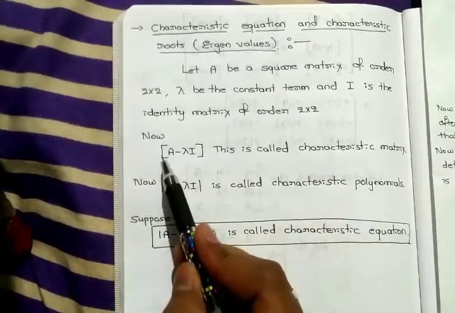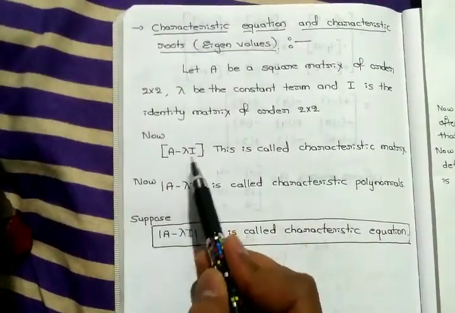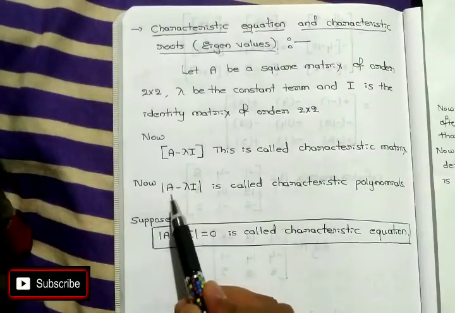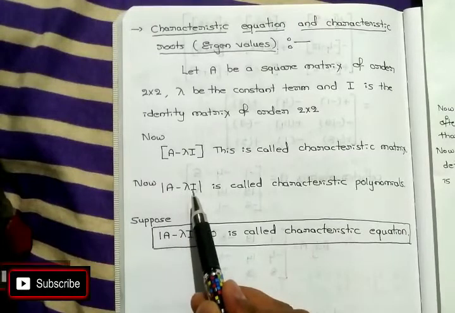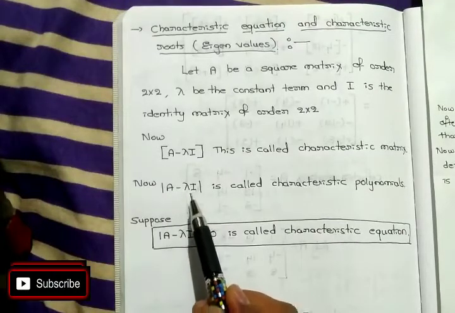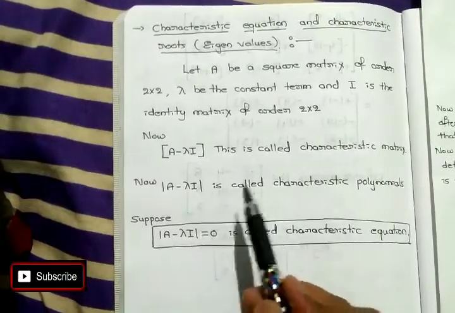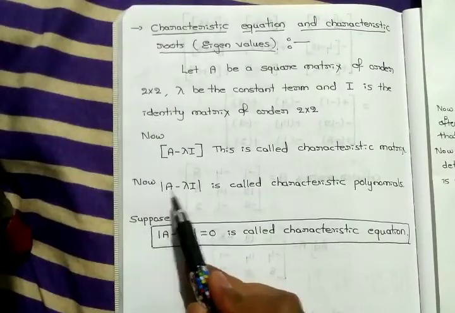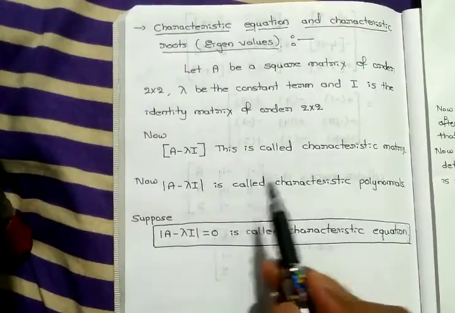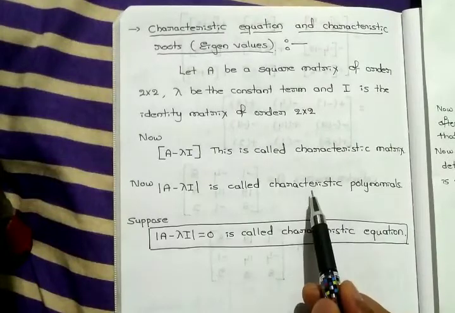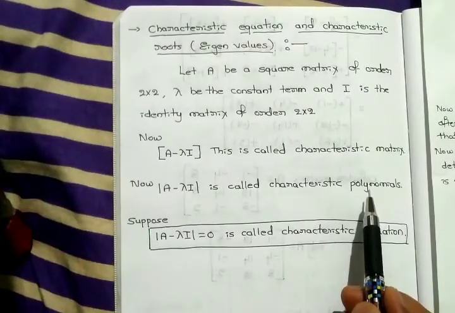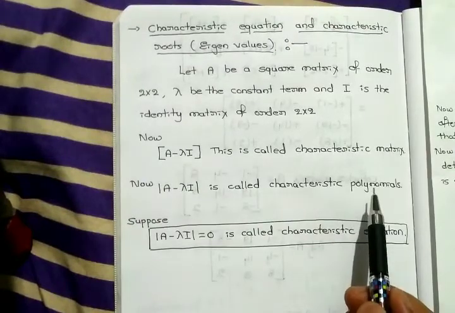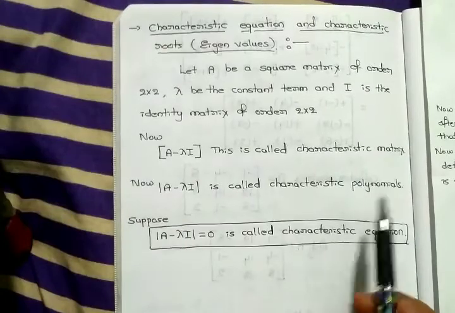Now after this matrix form, if we take the determinant of A minus lambda I and solve it, we get one expression called the characteristic polynomial. Polynomial means more than 3 terms.